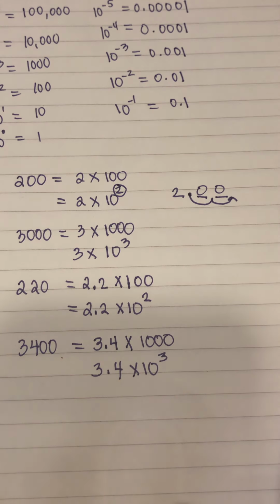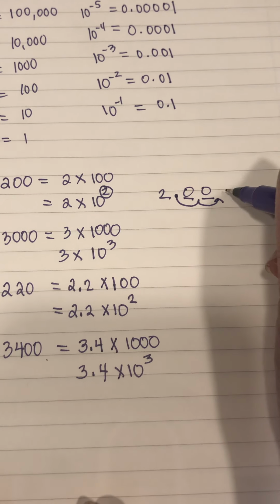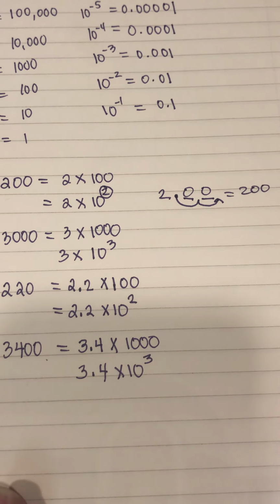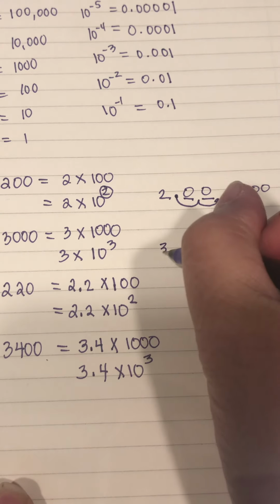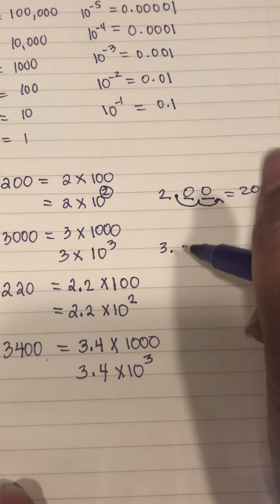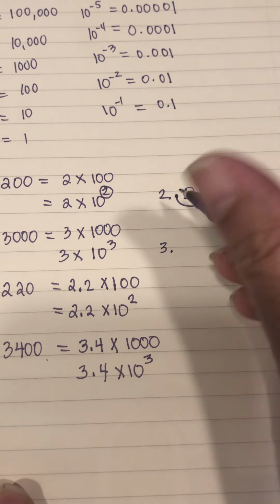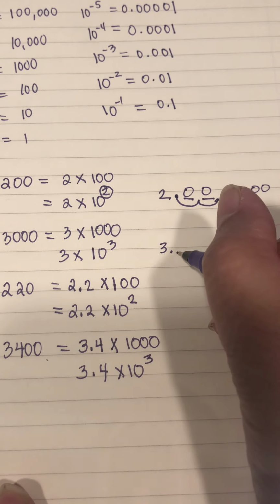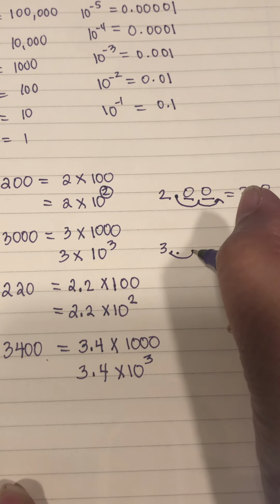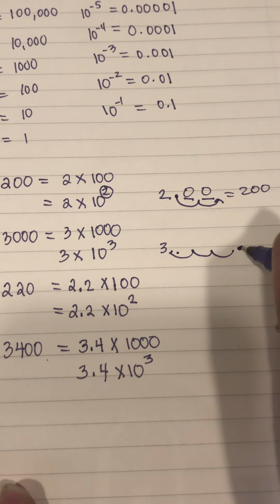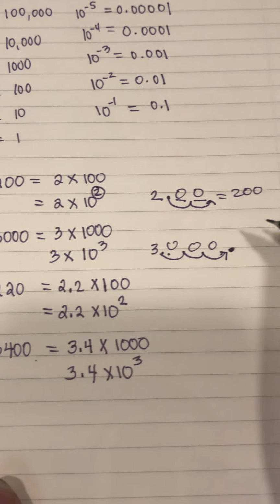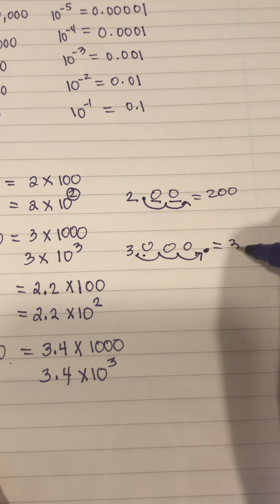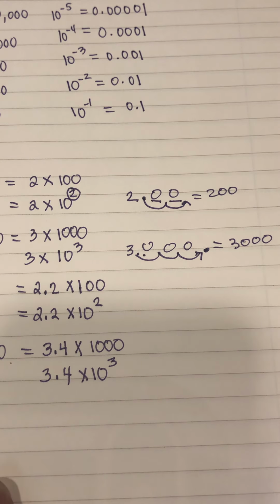So 2 times 10 to the power of 2 is also equivalent to 200. And if I'm going to do my 3 times 10 to the power of 3, now I'm going to multiply it by 1,000. So now I can do 1, 2, 3. So now it's right here. So 3 times 10 to the power of 3 is also equivalent to 3,000.